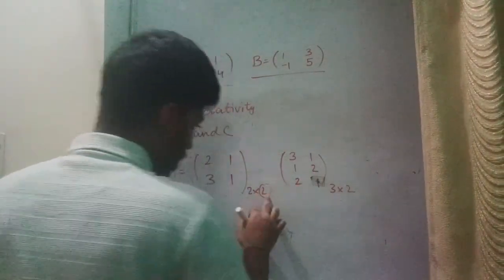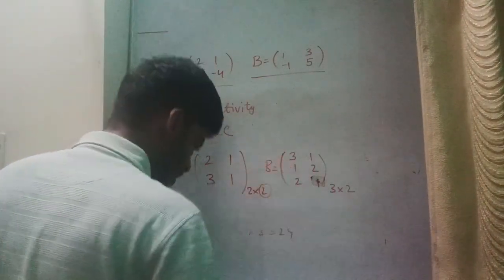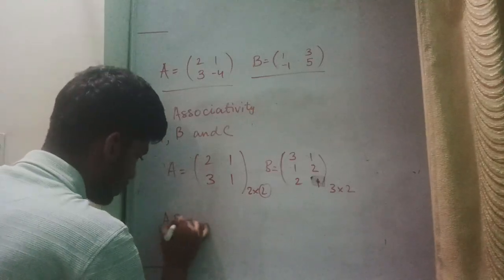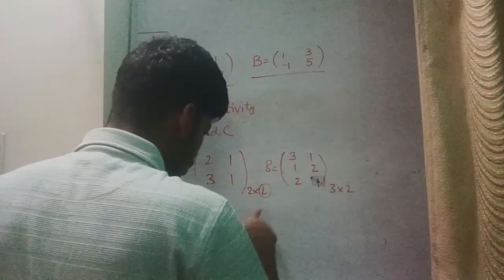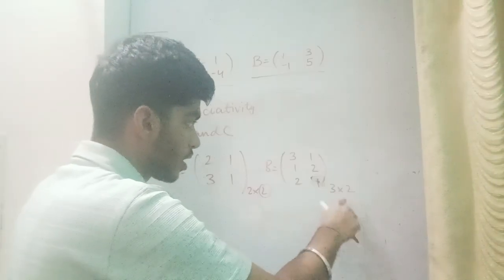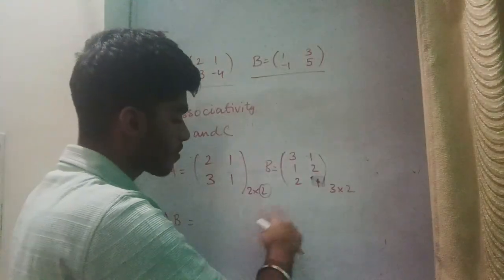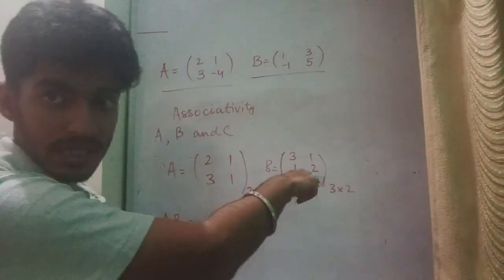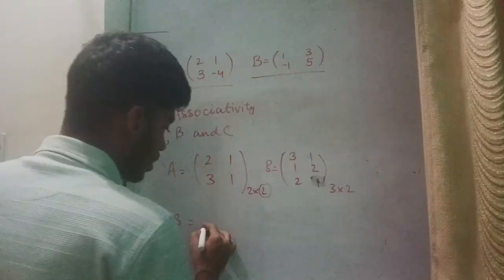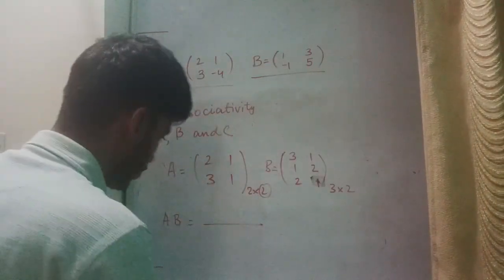This is my matrix B, and if I have to evaluate A times B, the number of columns of the first matrix is not equal to the number of rows of the second matrix. So A times B cannot be evaluated, right? I cannot evaluate A times B.